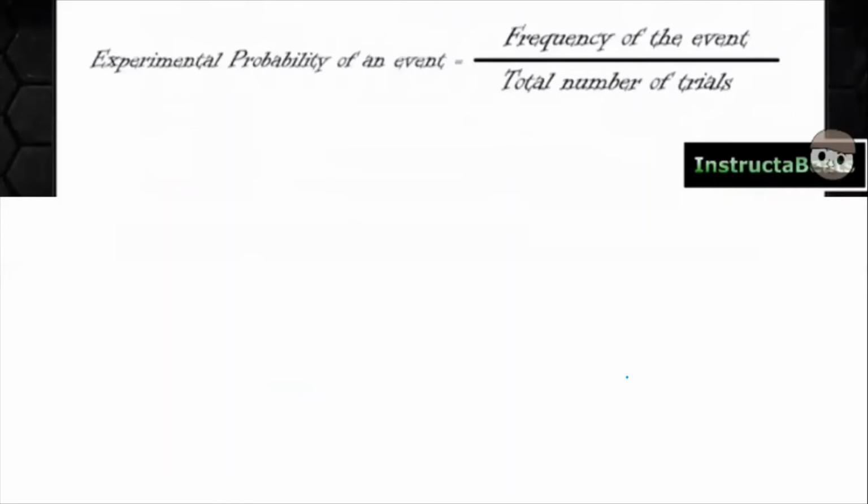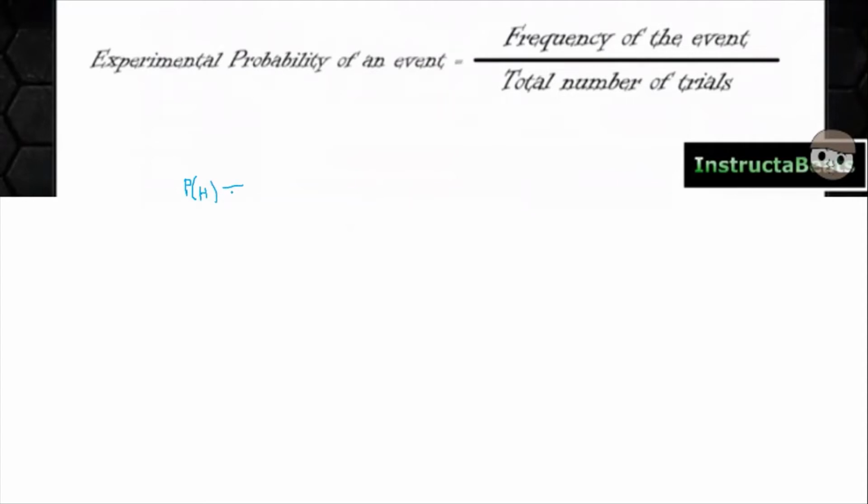Somehow, when we do our experimental probability, the probability of an event is equal to the frequency of an event divided by the total number of trials. For example, we have 10 trials. So I toss the coin 10 times.